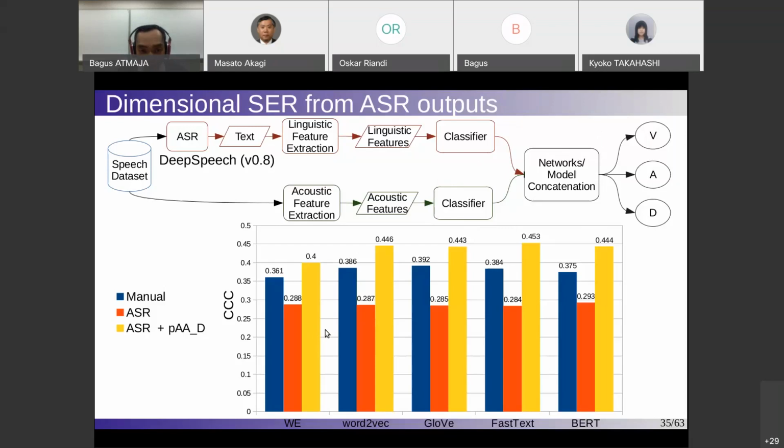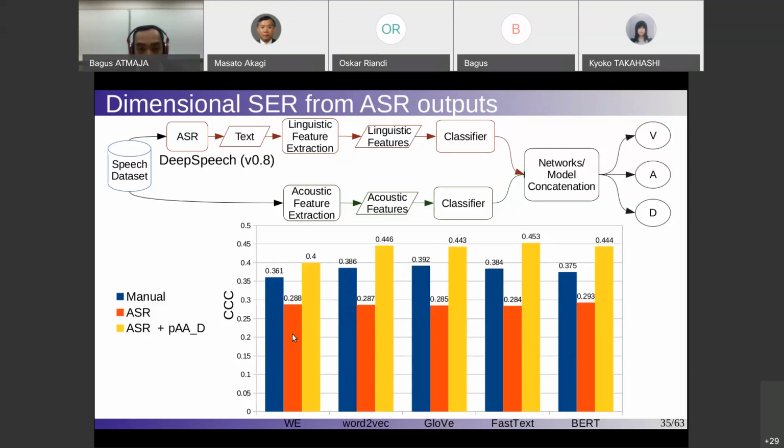Using linguistic only, it still gives a moderate result. For example, here by manual transcription, the dark blue one, we obtain a CCC score of 0.361 using word embedding, and if we use pre-trained word2vec, we improve it, and the highest one is GloVe. But if we use the automatic transcription, the score becomes lower, and almost all linguistic information gives a similar score.